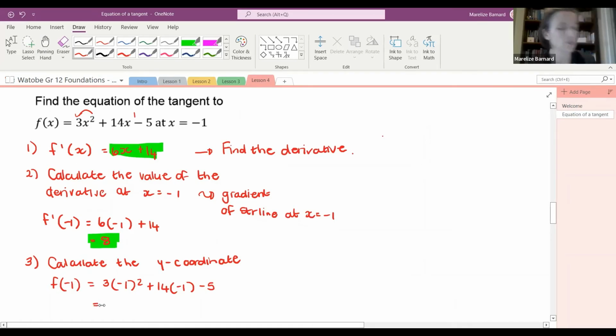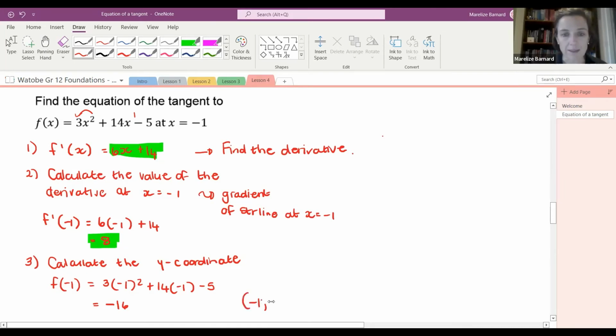And that should give us, let's use the calculator, make sure it's foolproof. 3 times minus 1 squared, minus 14, minus 5. Okay, so that y coordinate is minus 16.